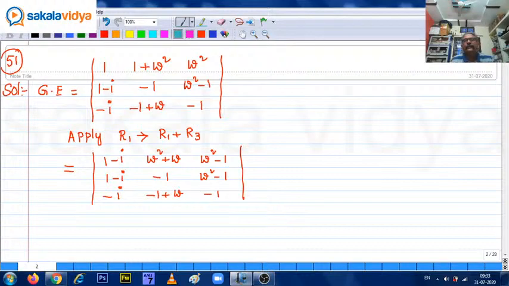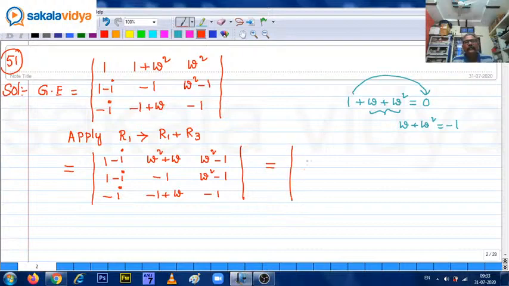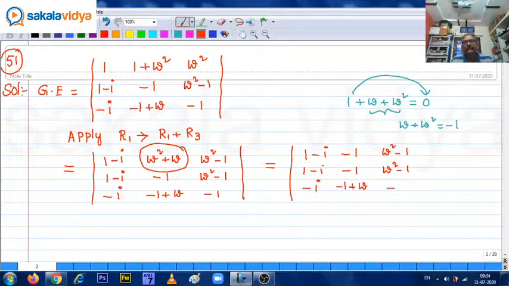Since 1 plus omega square is equal to 0, this omega plus omega square equals 0 minus 1, minus 1. So now we can write this as 1 minus I, omega square plus omega is minus 1, omega square minus 1; 1 minus I minus 1, omega square minus 1; minus I, minus 1 plus omega, minus 1.